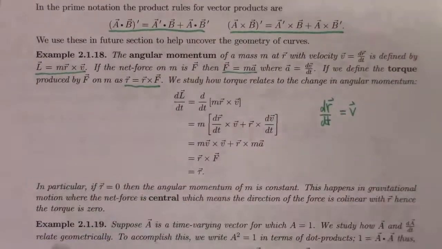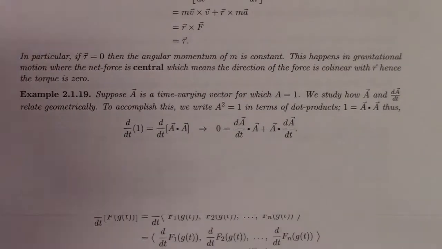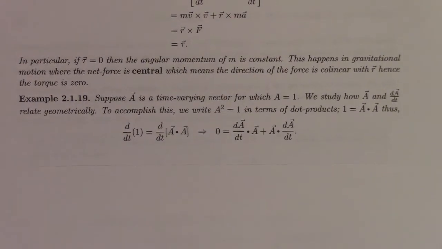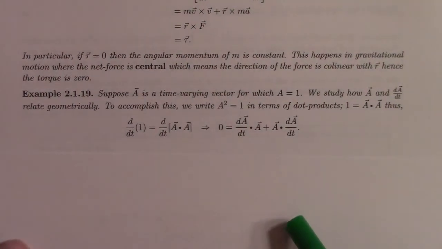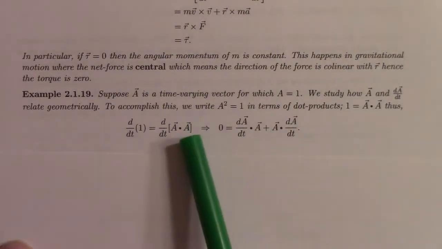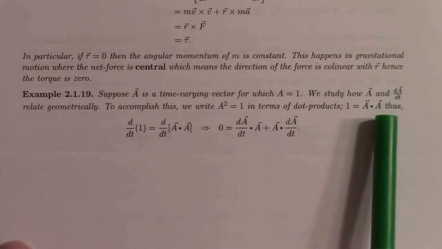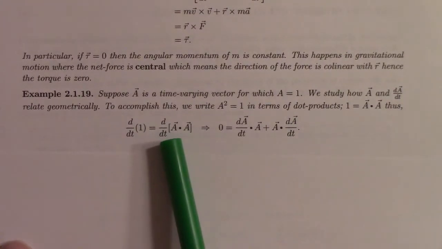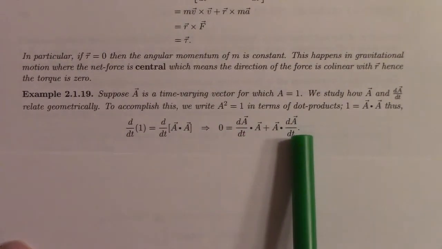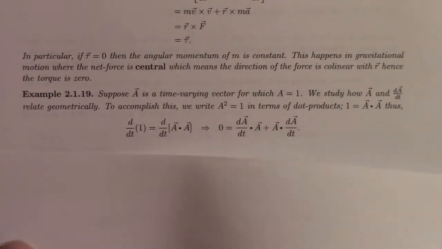Another nice example, really benefiting from our struggle to prove the product rule, is this one. If we have a vector a which has length 1, then a dot a is 1, right? If that's true for all time, then when you differentiate 1, you get 0, but when you differentiate a dot a, you get dA/dt dot a plus a dot dA/dt.